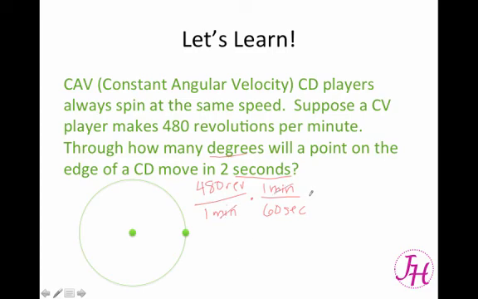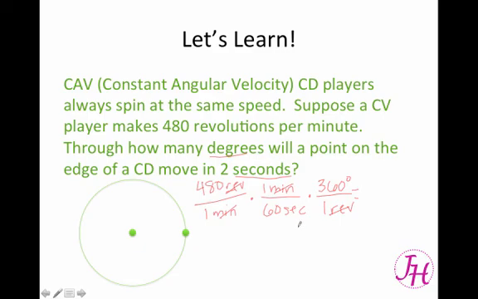And then we want degrees in a revolution. How many degrees are in 1 revolution? 360. So 360 degrees per 1 revolution. That gets our revolutions to cancel. So we're left with degrees per second. And then it's just a matter of completing that multiplication process.